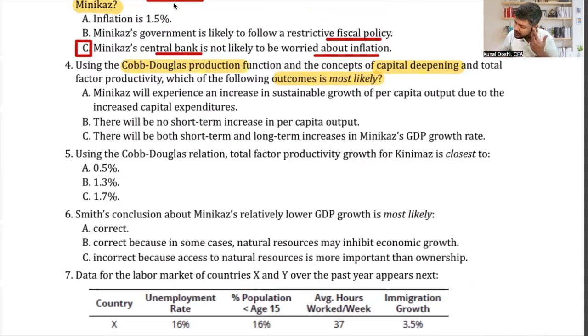First, let us read that Minica will experience increase in sustainable growth of per capita output due to increase in capex. See, increase in capex will increase the GDP, but not necessarily per capita. There will be no short-term increase in per capita output, or there will be both short-term and long-term increase in the GDP growth rate.